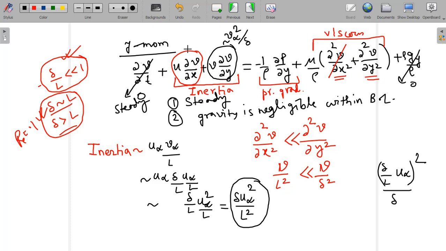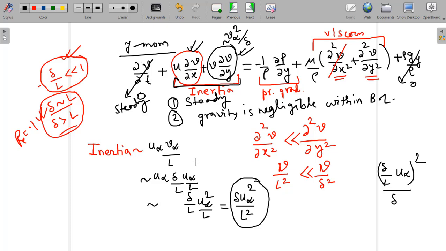So these two terms have a similar order of magnitude, and if you add them up it will be twice of that. I have already told you that multiplying an order of magnitude by 2 does not change its order of magnitude. So the order of magnitude of the whole inertia term is this one.